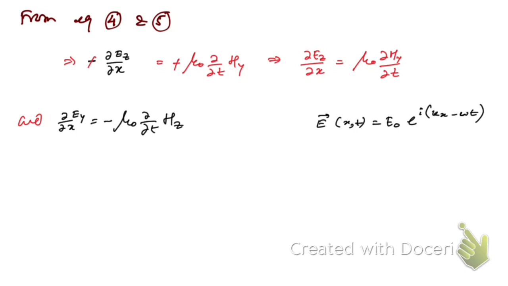So if we take the y component, then we're going to write here E naught y e to the power i(kx minus omega t), right? Then on the other side here we're going to get mu naught del del t.